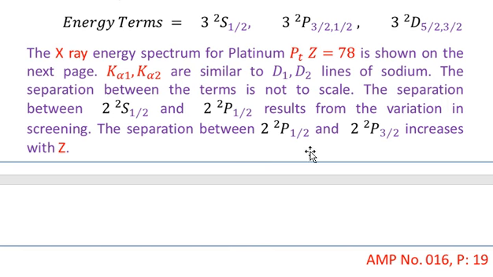And the separation between 2p 1/2 and 2p 3/2 increases with the nuclear charge Z, or the atomic charge Z. This separation will increase from atom to atom. In the heavier atoms the Z value is larger, so the separation between 2p 1/2 and 2p 3/2 will be greater.